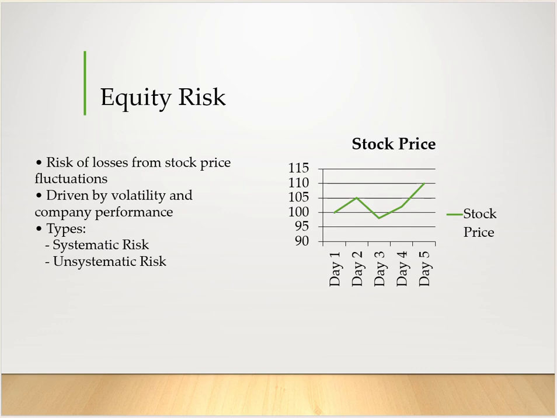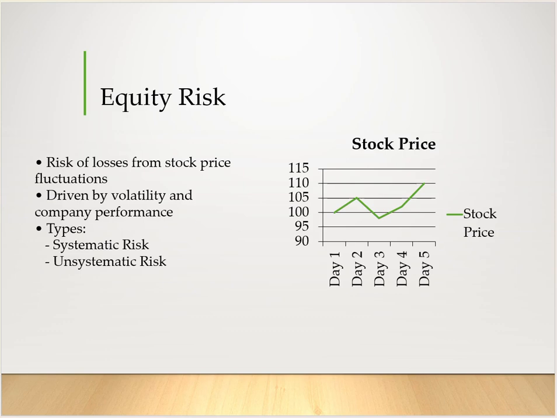These factors have an effect, and there are two types of equity risk in the market: systematic risk and unsystematic risk. Systematic risk affects the entire market, like recession or inflation. If those factors affect the entire market or all market products. And unsystematic risk is specific to that company or organization, like poor earnings or fraud done by an employee or management.